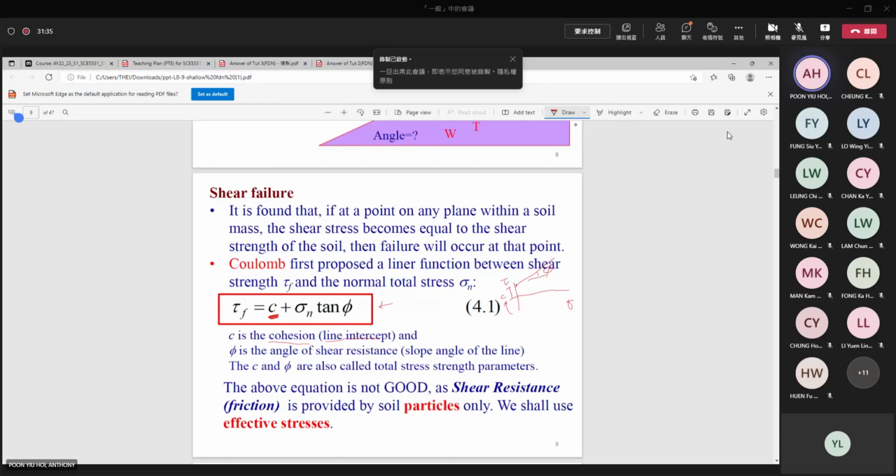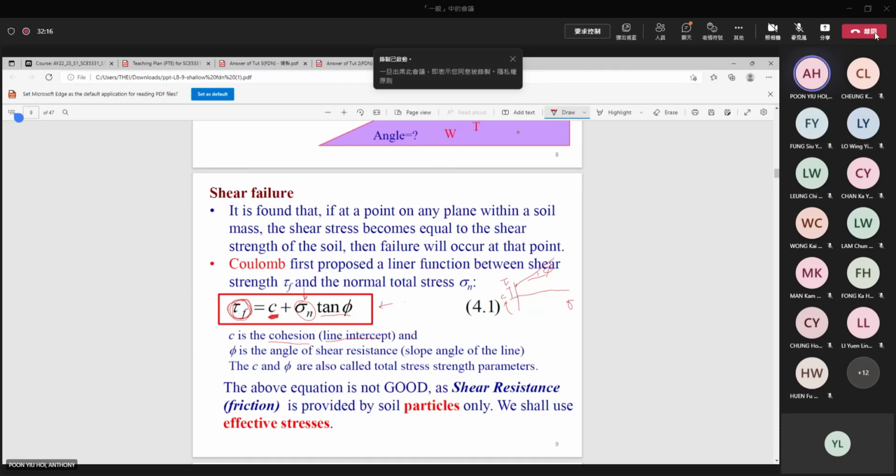But anyway, in most cases the shear strength can be represented by this relationship: a cohesion plus a friction, and the friction depends on the normal force. Okay, so this is the basic. I assume that most of you are aware of this. This is very basic.